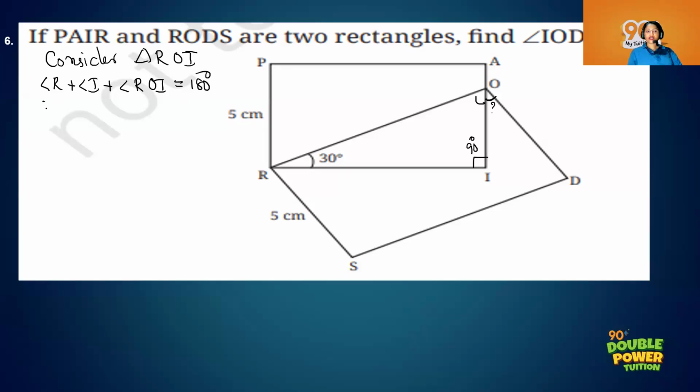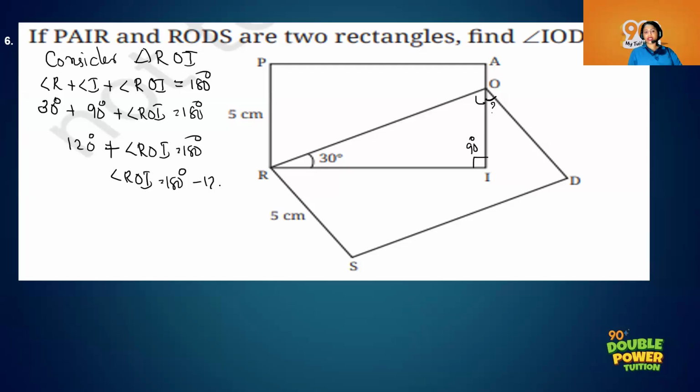Angle R is already given as 30 degree. Angle I, you know, is 90 degree, plus angle ROI, which we don't know, equals 180. Adding these two angles, we get 120 degree. 120 degree plus angle ROI equals 180 degree. Therefore, angle ROI is equal to 180 minus 120 degree, that is equal to 60 degree. So this is 60 degree.